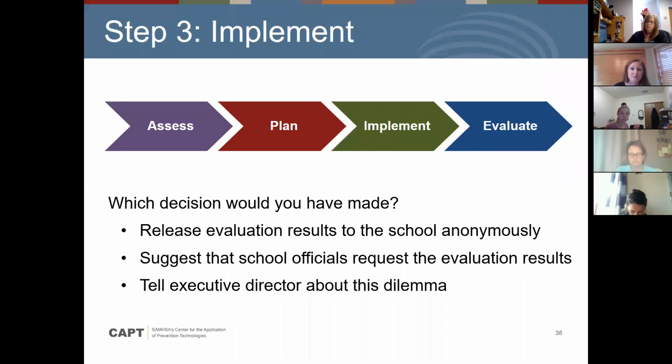So based on his code of ethics, he needed to make a decision here. And none of these were wrong decisions because we saw pros and cons to all of them. We had already eliminated the unethical one, so none of them were wrong, but he had to go with the one he thought was best. And for this scenario, we're going to say that he told the executive director about this dilemma. Okay, go ahead, Dodie.